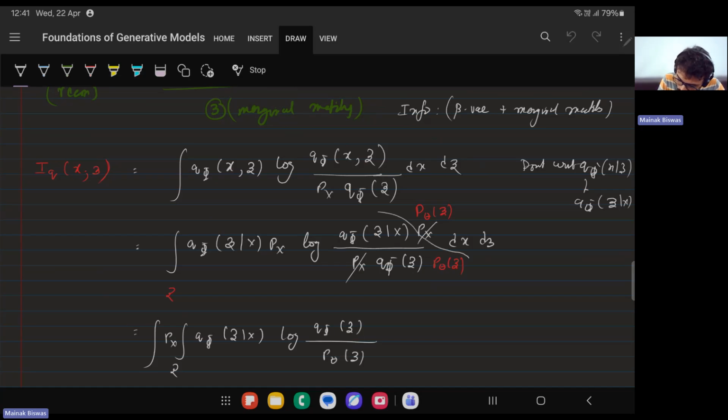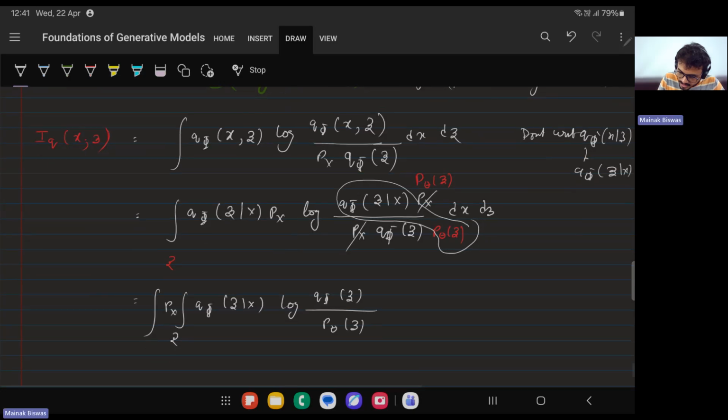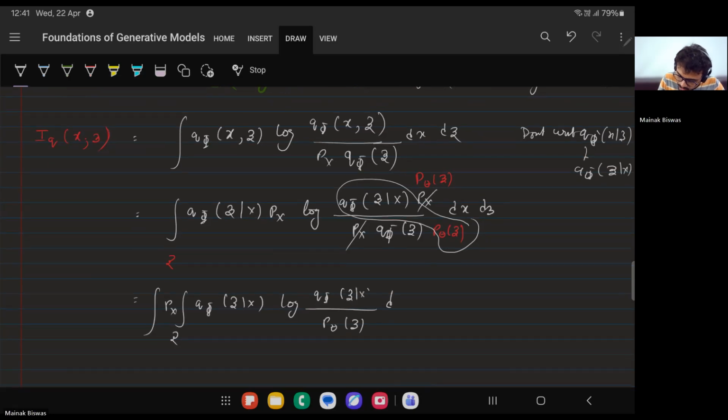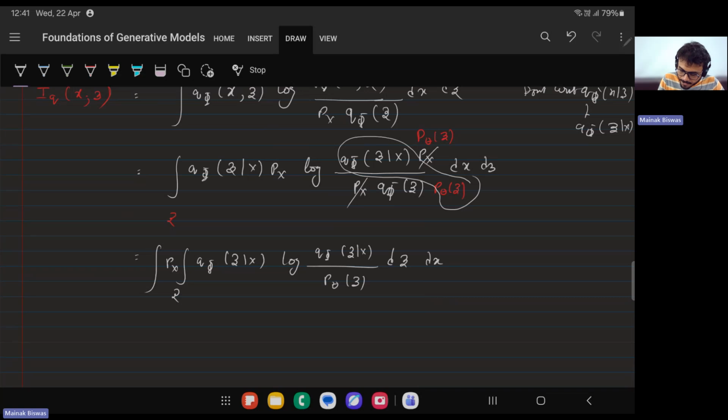So I will club these two and I'll say this is dz dx, and I will have one more term that is plus the integral of q phi of z given x, log of p theta of, or I'll put a minus here, and you can just write it in one go, q phi of z.